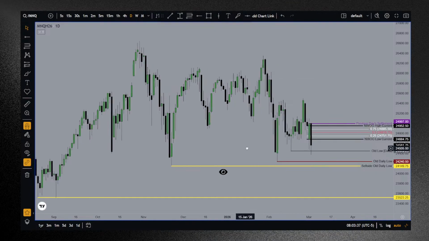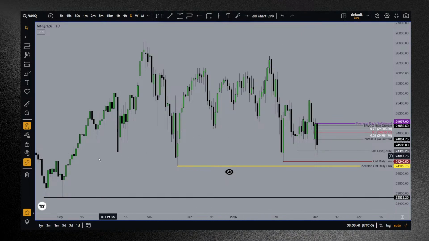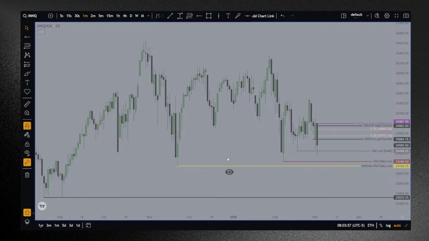Nonetheless, these are the levels for now. Do I want something from the daily chart here? I think that's enough.